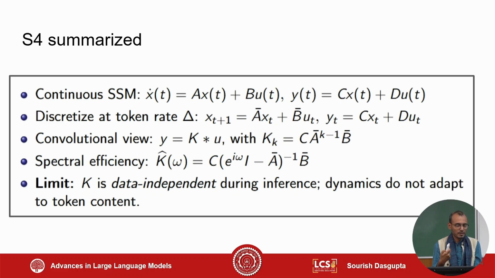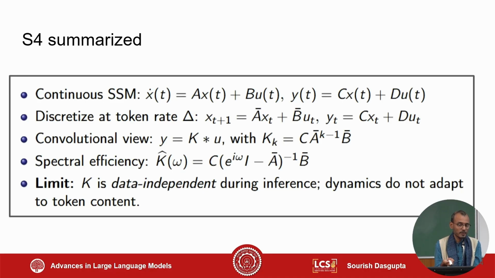Instead of looking at it from an individual eigenvector point of view, you look at it from an individual frequency point of view, and then you do the spectral filtering.